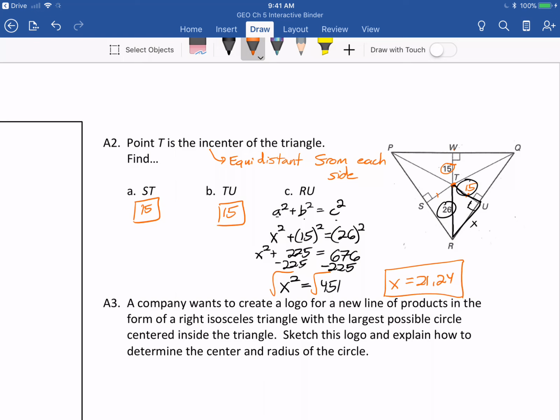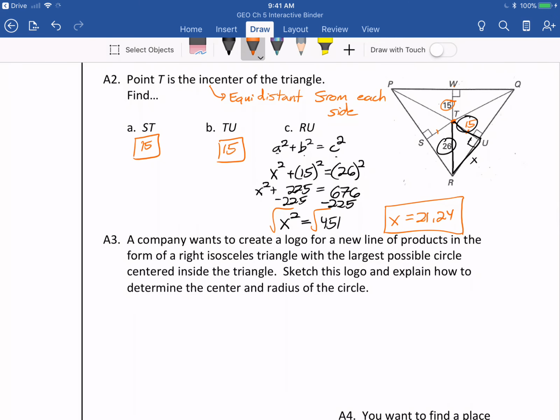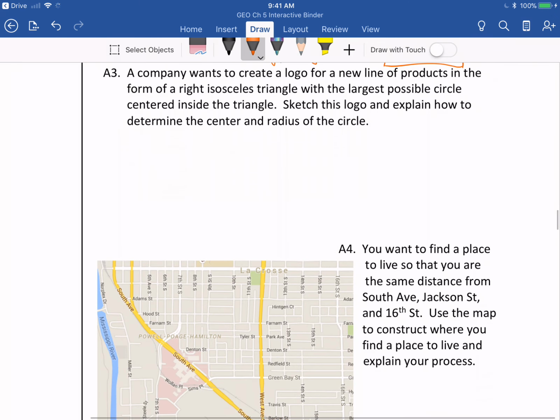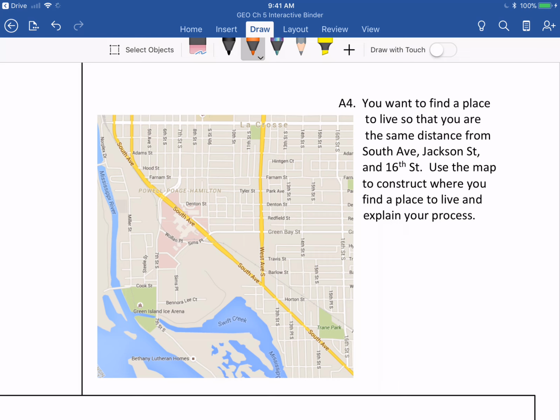All right, awesome. So A3, I'm going to skip that one for now, and A4 is a good question as well, but you do need your compass for this. I don't have a compass right off the bat, but it says you want to find a place to live that is the same distance from South Ave, Jackson Street, and 16th Street.